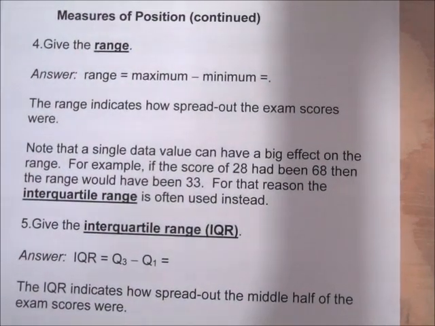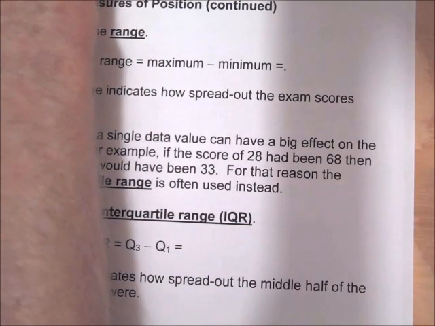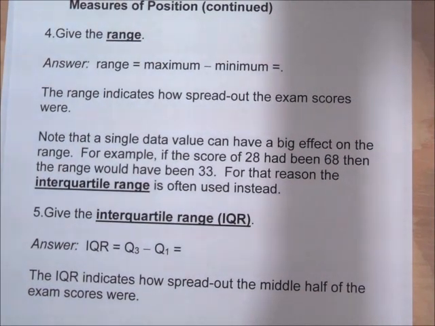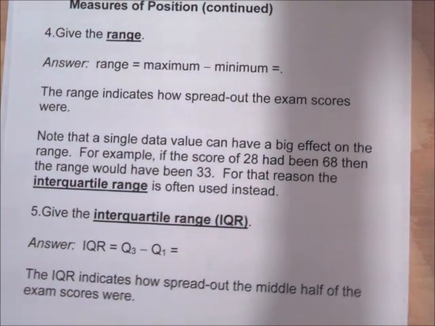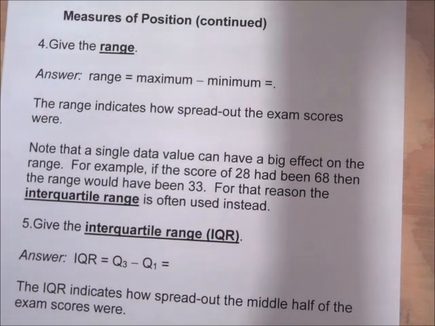Okay, I'm going to get a little bit into measures of spread here. There's a couple of measures of spread that are based on the quartiles, so I'll go over those now. Later we'll get into some additional measures of spread, but I'll mention the range and the interquartile range right now because those are based on the quartiles.